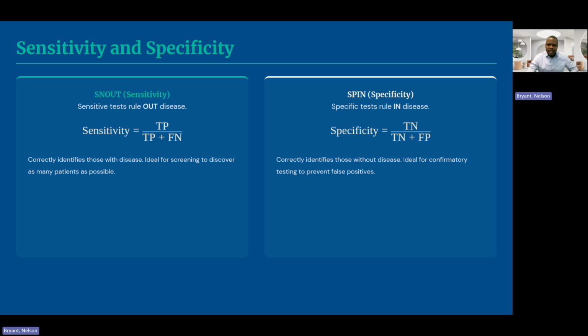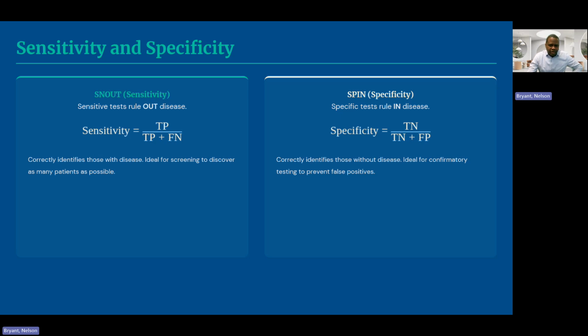So, SNOUT: a sensitive test, when negative, rules out the disease. So a highly sensitive test, when it's negative, will rule out the disease. SPIN is another mnemonic to remind you that a highly specific test, when positive, rules in the disease. So SNOUT and then SPIN.